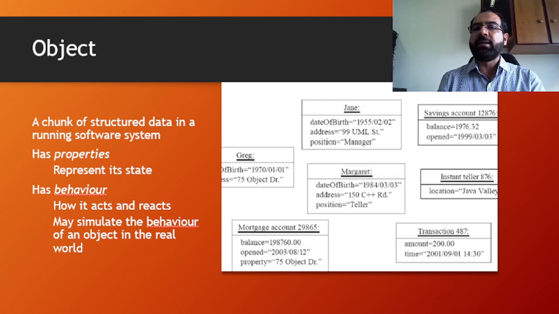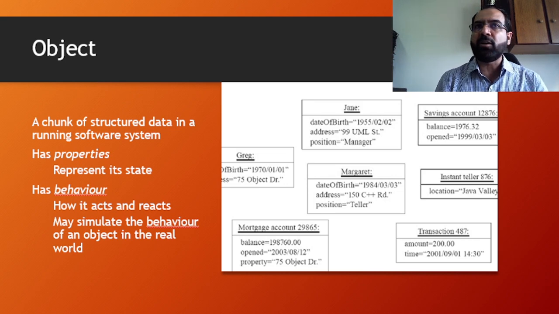If there is an account, which for example is considered an object, that account has to be opened and created, and it can be merged or closed. So there are certain actions relevant to those objects. And when we talk about actions, it means reactions as well, because in an object oriented paradigm we do not have the concept that an object lives in isolation.